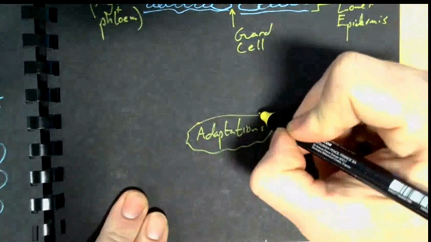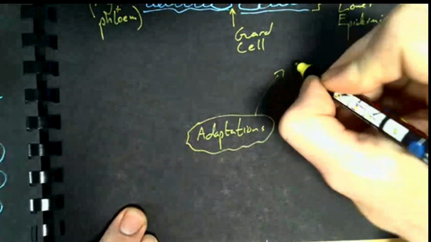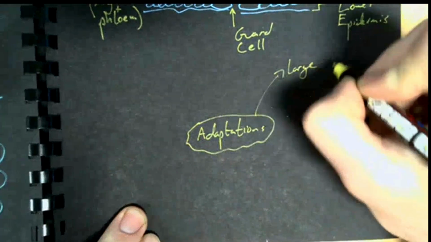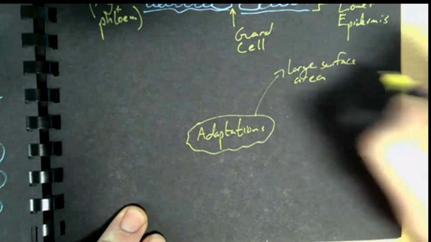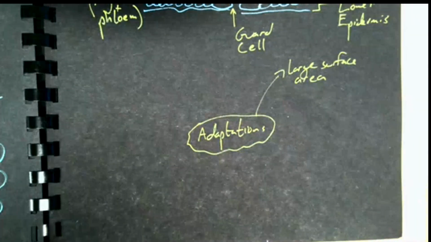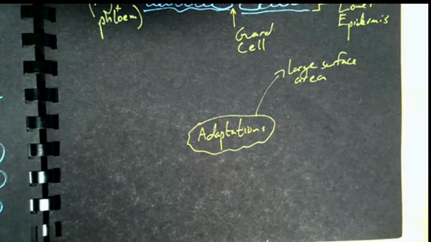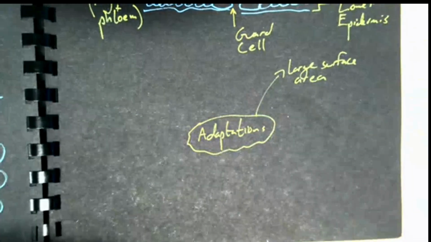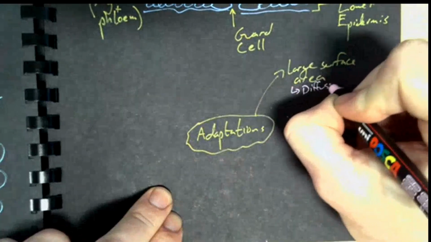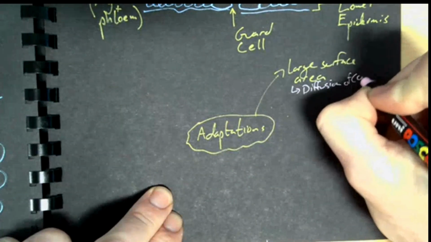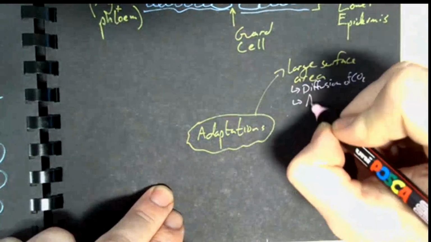And whenever we're talking about anything biochemical, if we say surface area, then we're going to be correct about something along the way. So they've got a large surface area, and that increases the surface area for diffusion of CO2. And also just increases the surface area for the absorption of light.